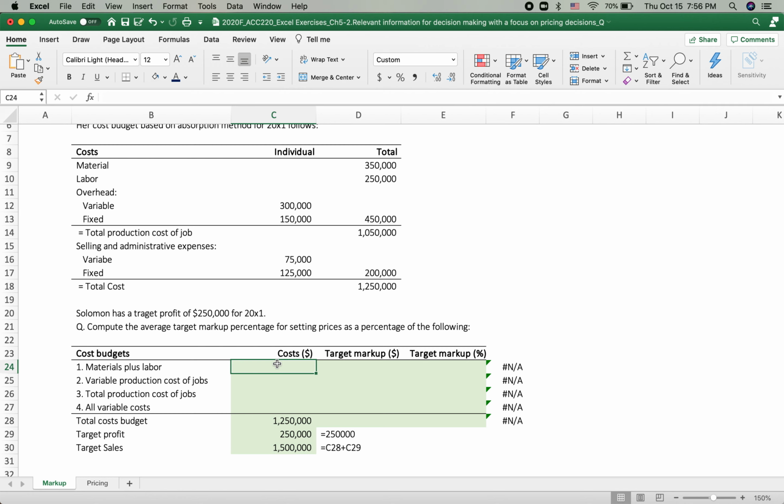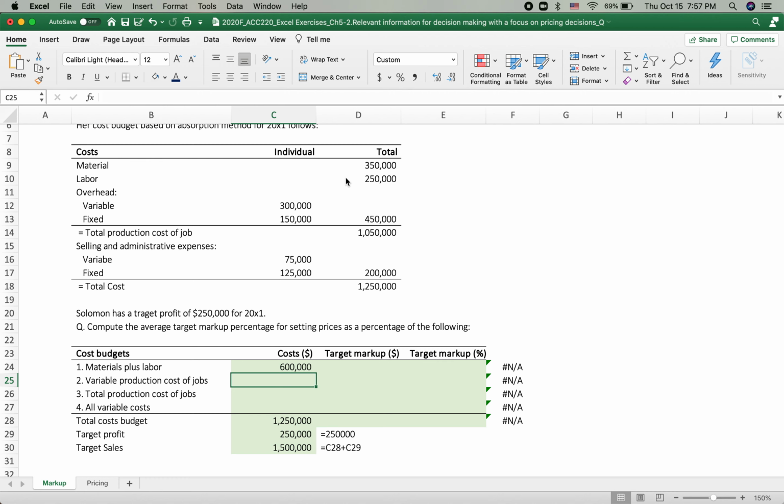So the material plus labor, we just collect 350 and 250. And then variable production cost, we want to know the target markup and the target markup in percentage in each cost budget, so that we can identify the relationship between each cost and the sales.